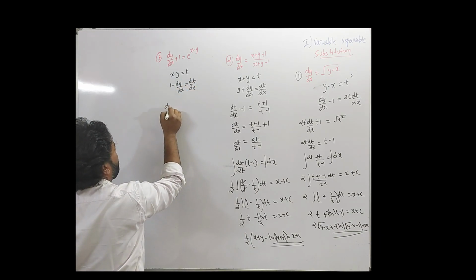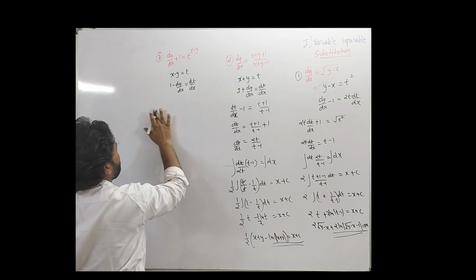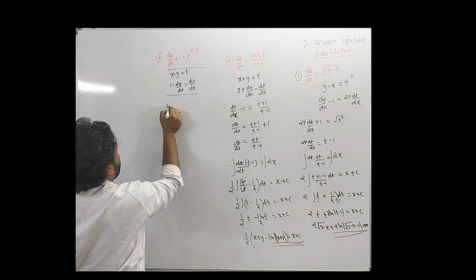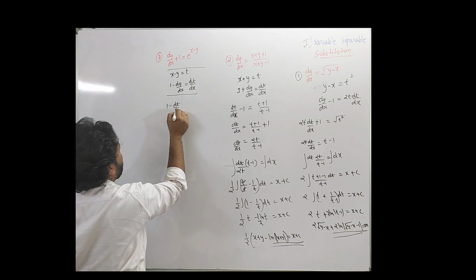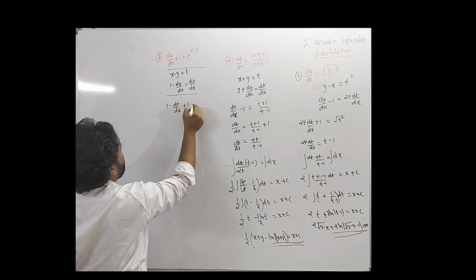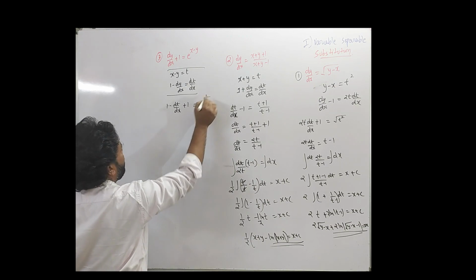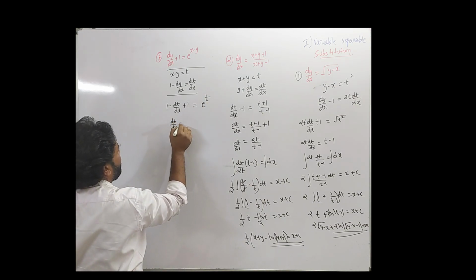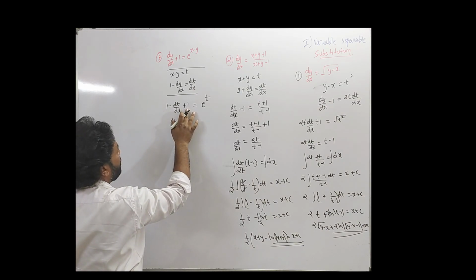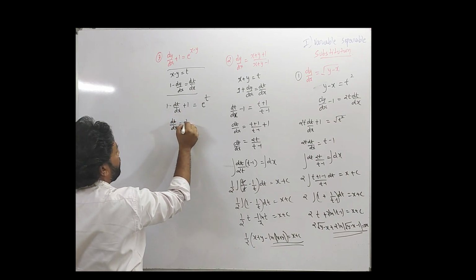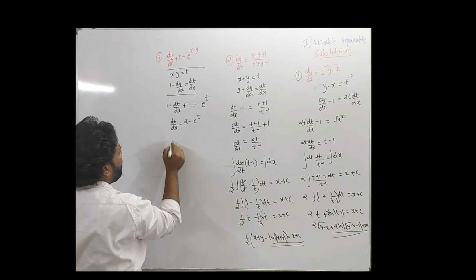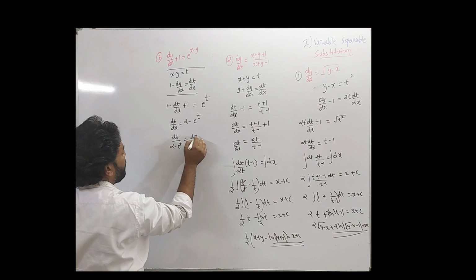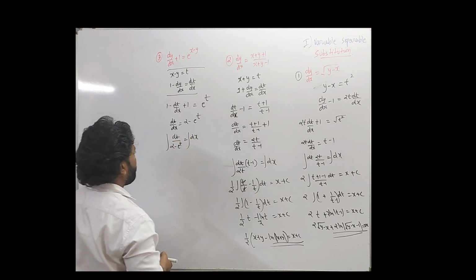So let's try. dy by dx will be replaced by 1 minus dt by dx, plus 1 is equal to e to the power t. So dt by dx, 1 plus 1 is 2, and 2 minus e to the power t, so dt by 2 minus e to the power t is equal to dx, integrating it on both the sides.